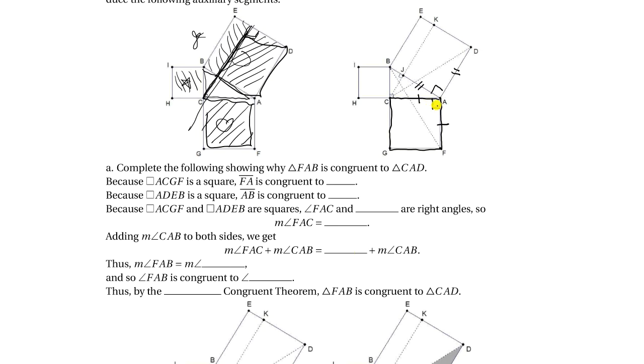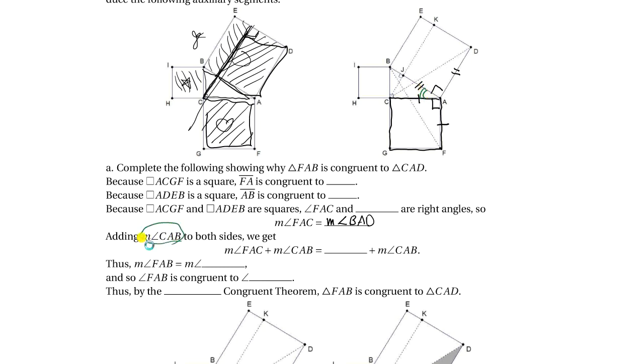Those two angles, FAC and BAD, are right angles. So the measure of angle FAC equals the measure of angle BAD. In this case, don't forget the M in front of it: m angle BAD. Now, let's look at the angle between those two, angle CAB.